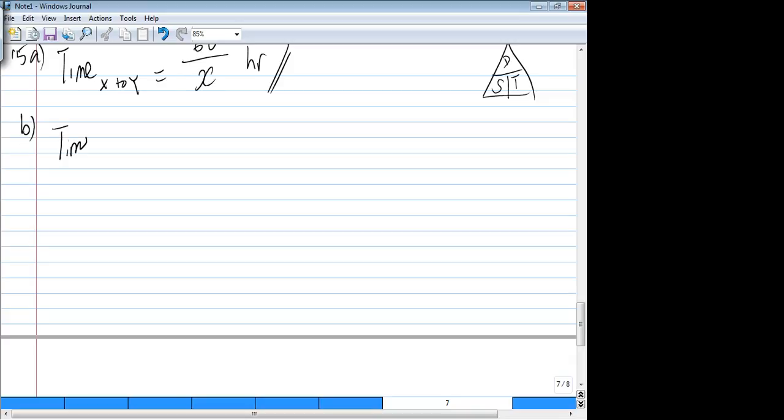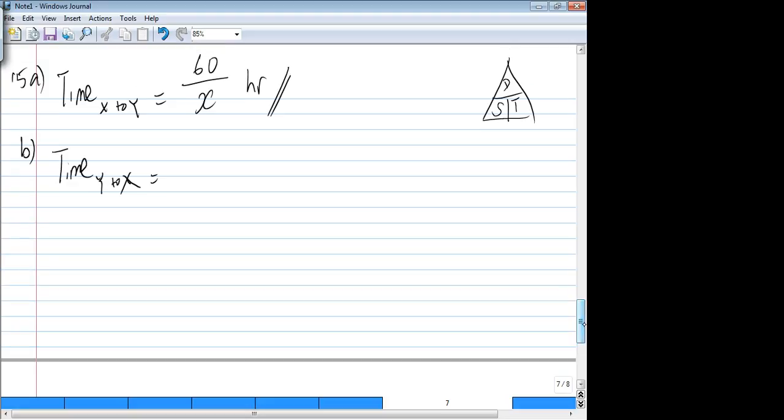Time from y to x is equal to distance, which did not change, which is still 60, divided by the speed. Now the speed is 5 kilometers per hour more. So it's going to be x plus 5 hours. Okay, so that's it.